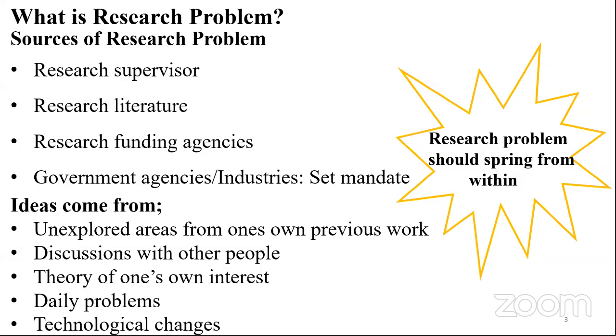But if these four are the reasons for the choice of a problem, then the research activity will become more of a ritual. There is nothing exciting in it. I believe that one can produce quality research only when the problem is coming from within. The research problem should spring from within.